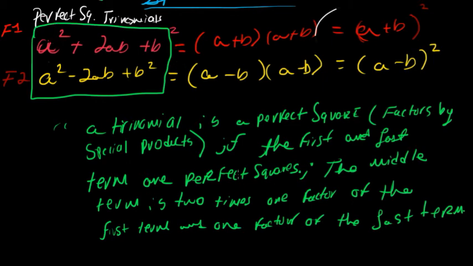And the last term is a perfect square, so the square root of b squared will be b, right? It also says the middle term, which is this here, should be 2 times one of the factors of the first term and one of the factors of the last term.